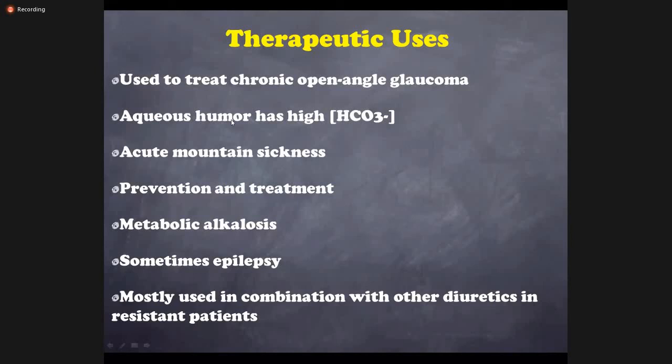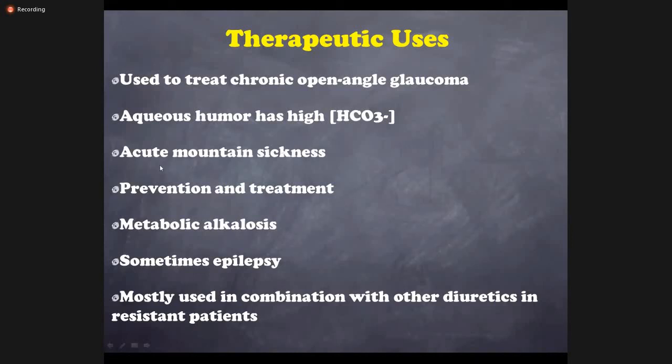So one option is to improve the outflow, and the second important mechanism is to decrease the production of aqueous humor. Aqueous humor has a high bicarbonate composition, and with a carbonic anhydrase inhibitor there is increased excretion of bicarbonate.